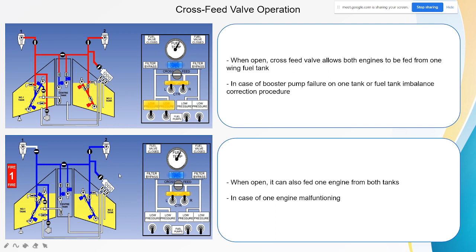When open, it can also feed one engine from both tanks in case of one engine malfunctioning. So let's say this engine is malfunctioning, so the shut-off valve will be closed and no more fuel will flow into engine number 1. The fuel in both tanks will be directed towards engine number 2.